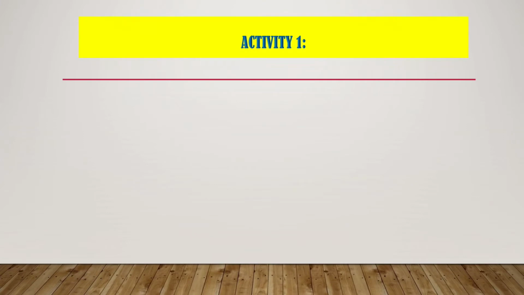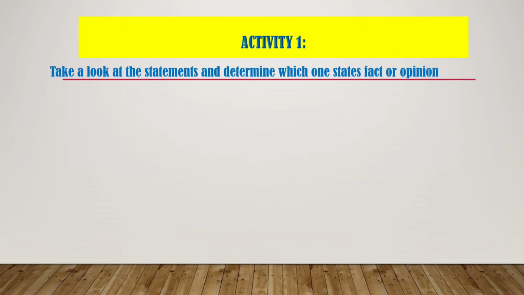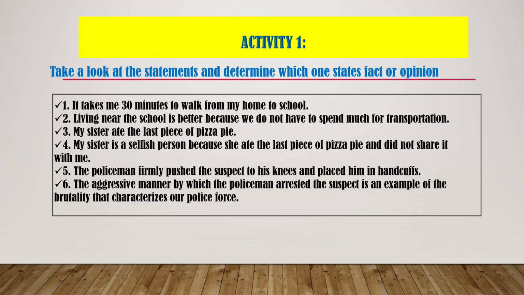Here we go. For activity one, take a look at the statements and determine which one states fact or opinion. Number one, it takes me 30 minutes to walk from my home to school. Number two, living near the school is better because we do not have to spend much for transportation. Number three, my sister ate the last piece of pizza pie.